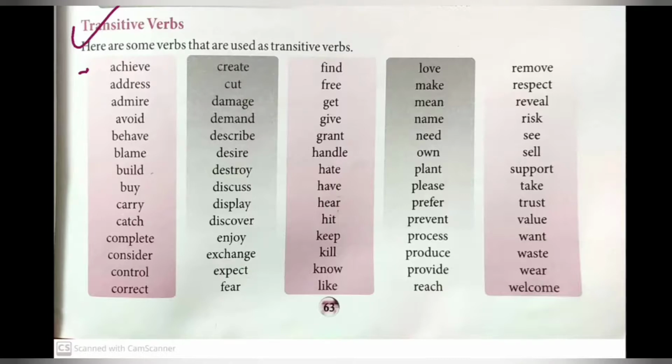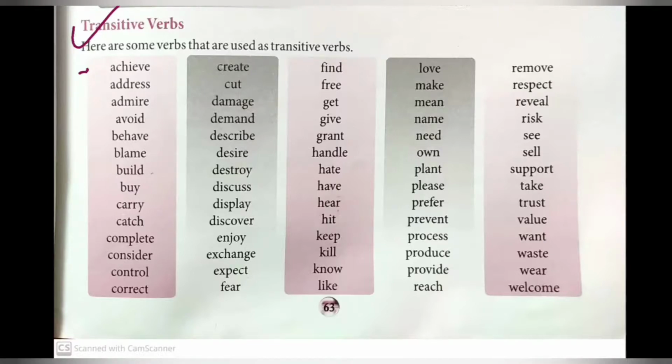Here, achieve is the verb which requires an object. Here the object is medal. She achieved good marks. Here marks is the object.